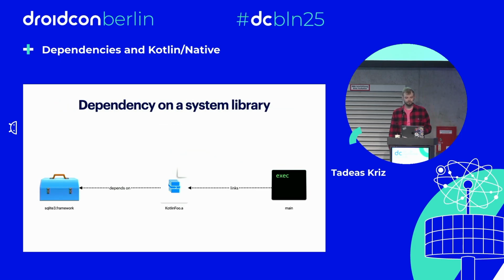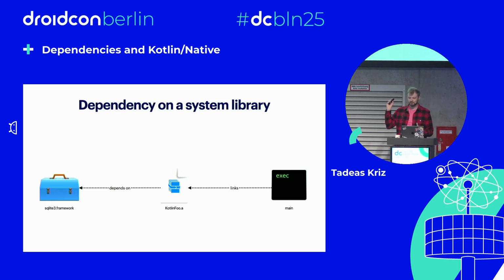Another common problem is depending on a system library from your Kotlin multiplatform code when the Swift doesn't depend on it. And this is usually SQLite 3. So you go on, you include it in your Kotlin foo, and this only happens, and this is why a lot of people don't use static Kotlin libraries, and they use dynamic, because with dynamic this doesn't happen, because the load command is included for SQLite.